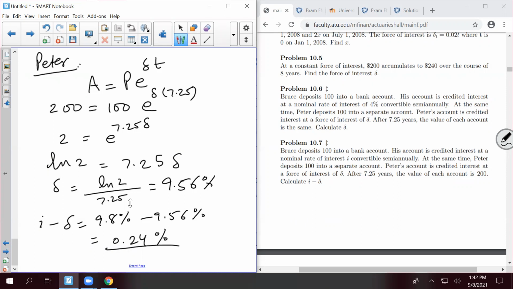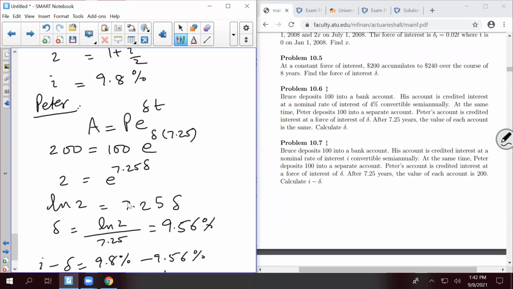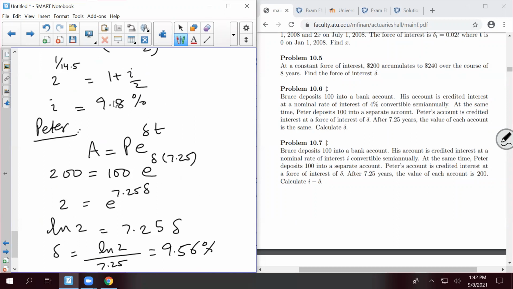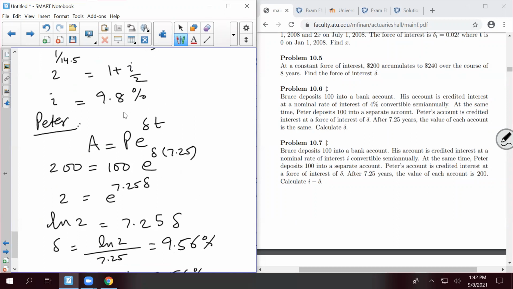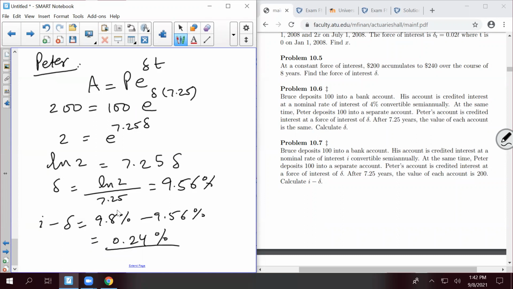So one of them, the semi-annual one, turned out to be 9.8%, the other one turned out to be 9.56%. So it means even though Peter's rate was lower, 0.24 lower, that was still equivalent to the other one because the compounding was happening more frequently. It was happening infinitely.